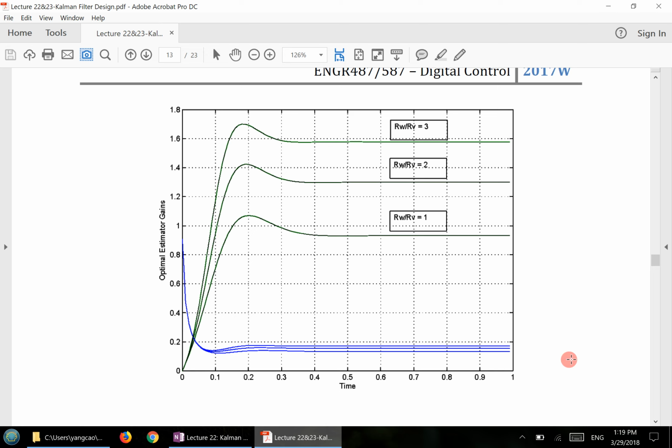Both of them will eventually settle down to a constant value. Which basically means the Kalman filter gain, given a few steps, will settle down at a constant matrix or vector.